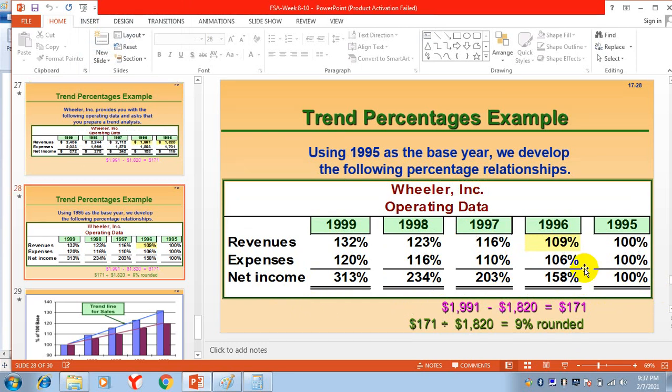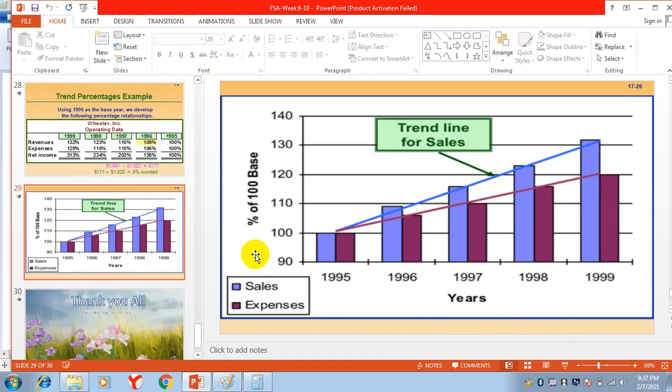On the basis of this, now we will make a trend line. See, this is revenue, this is expense. Sales in this color, expenses in this color. First year it is 100% for both revenues and expenses.